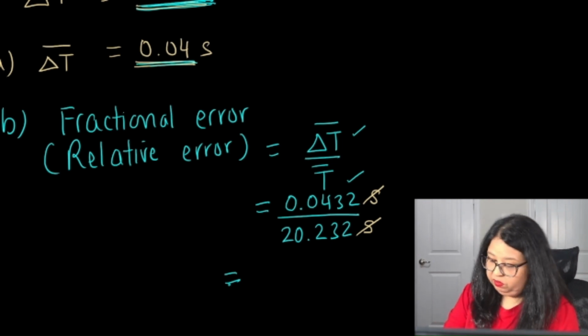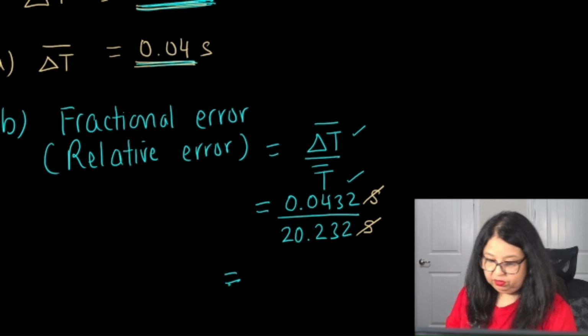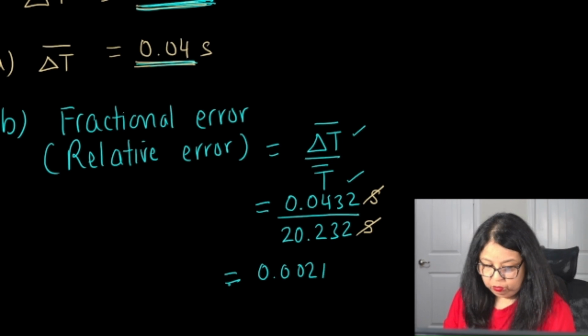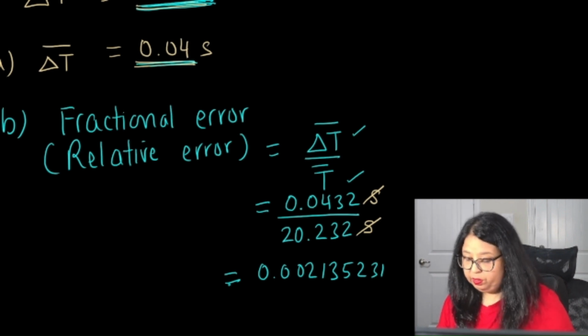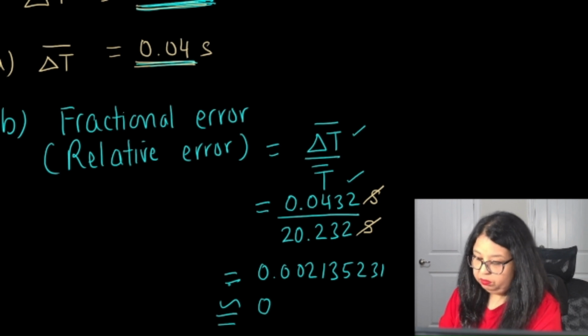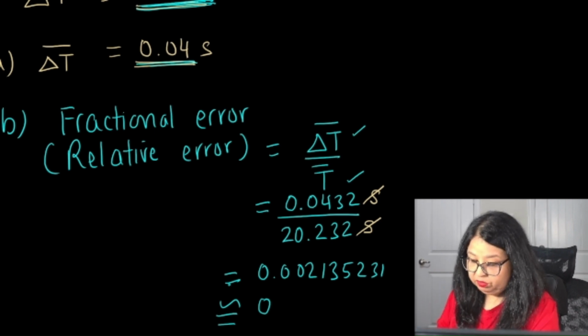We need the assistance of calculator to make this fast. We get 0.002135231. Very small number. I'm going to write this as 0 because it really is 0.002, which is basically 0.